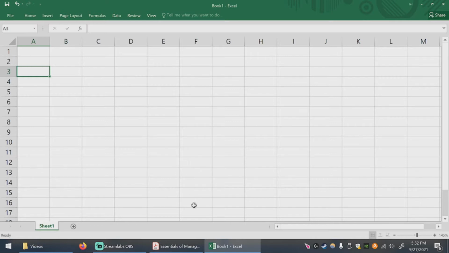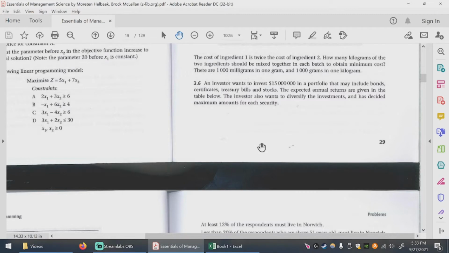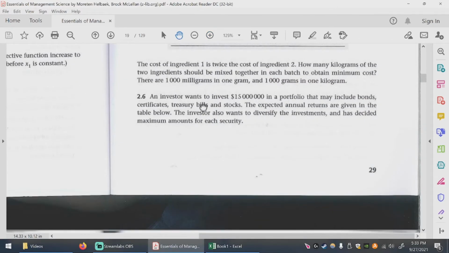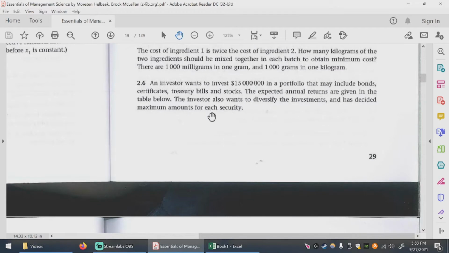We have a couple of problems that we're going to look at, and we're going to take it nice and easy to get us used to how to think about this, how to translate all these words into a mathematical model. And in our case, it'll be a linear programming model. So let's look first at problem 2.6.